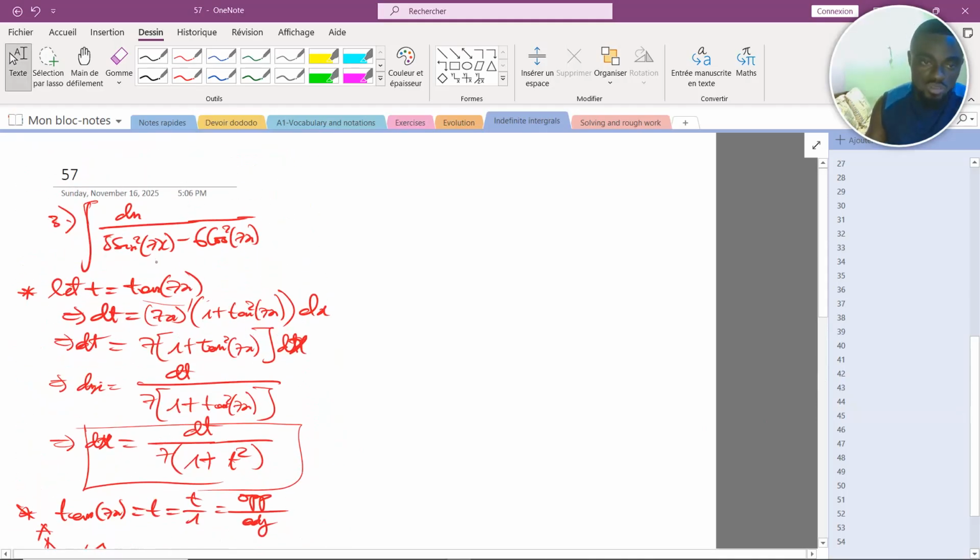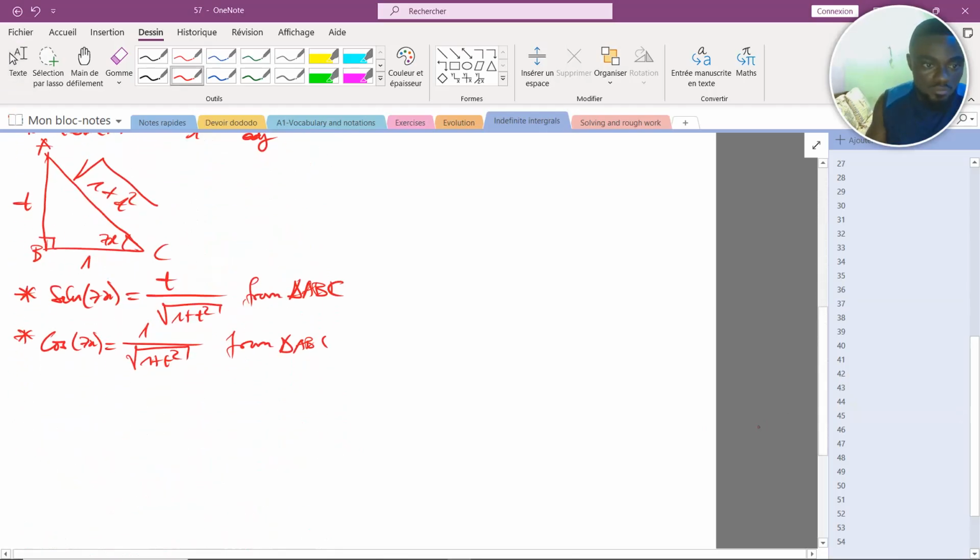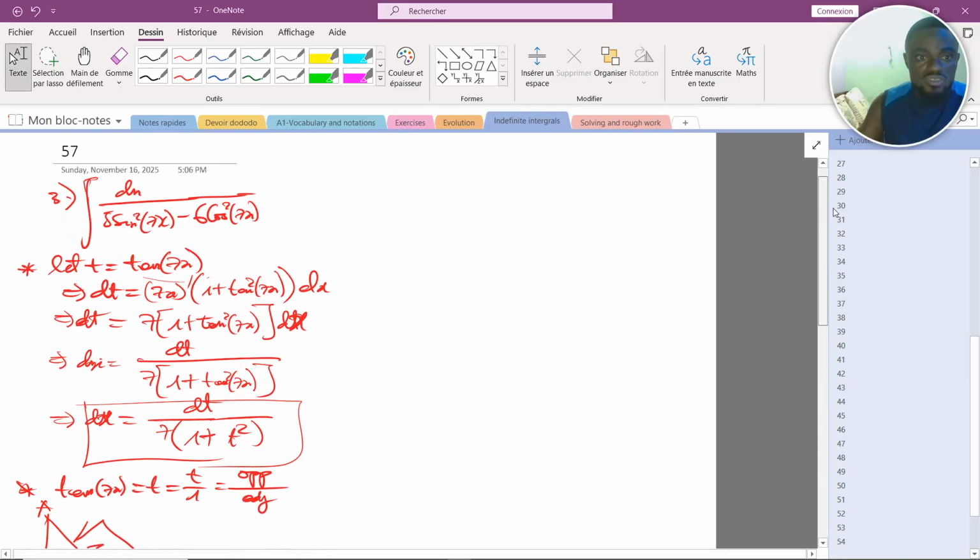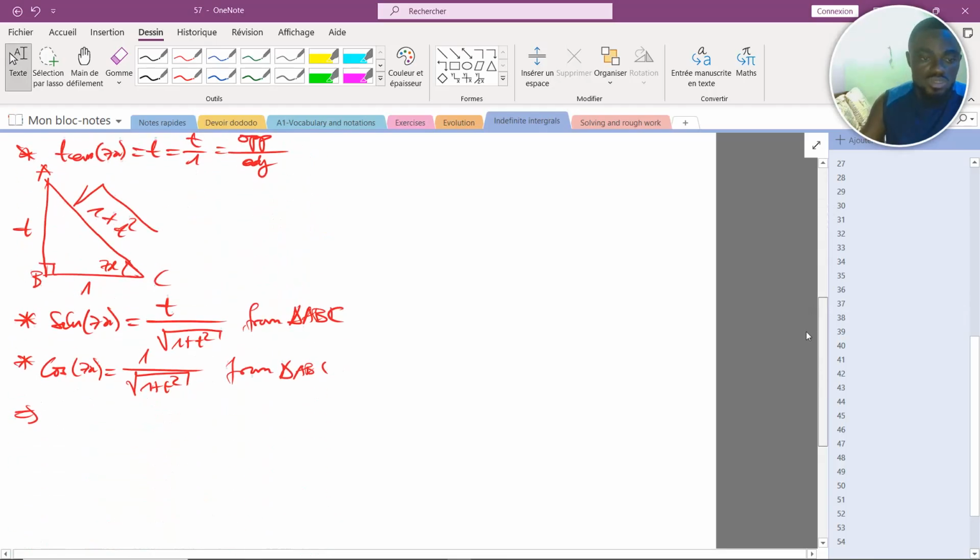Now, having found sine 7x and cos 7x, I'll first simplify this. I always told you, simplify this first before coming to substitute. So I have to find 5 sine square 7x minus 6 cos square 7x.